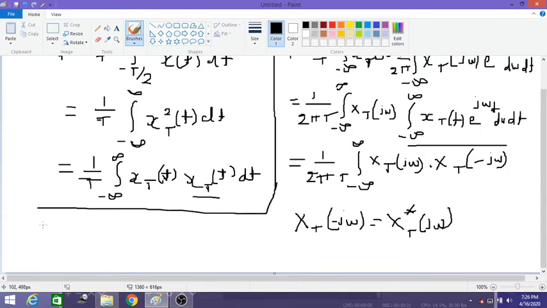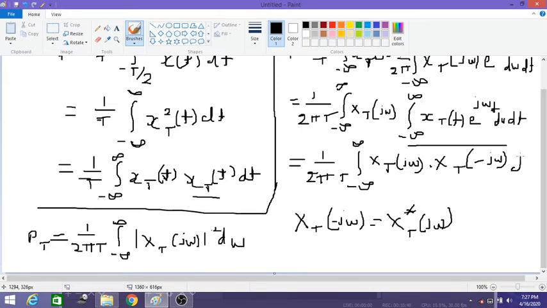Let me write that term here. Then my power P of t is equal to 1 by 2 pi T into integral from minus infinity to plus infinity of magnitude of X_T of j omega whole square into d omega.